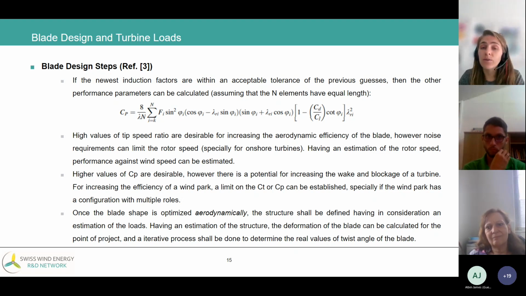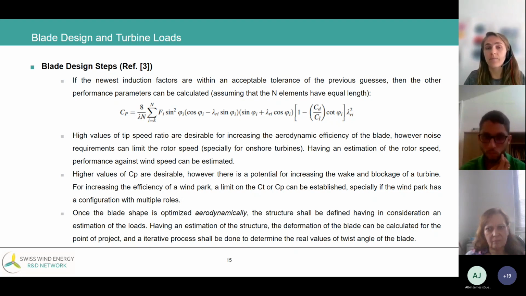Then, regarding what we use at Vestas and in other wind turbine manufacturers, we start from these theoretical equations. One thing that we use a lot for estimating how good our wind turbine blade design is, is the induction.